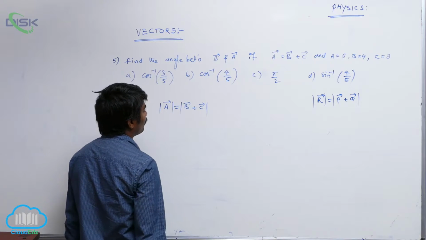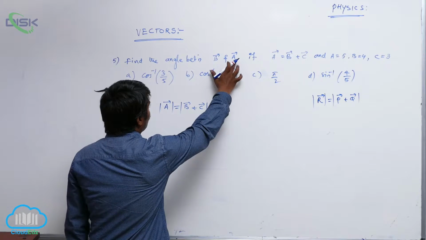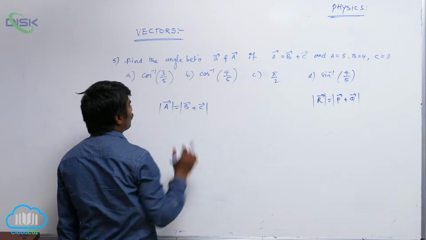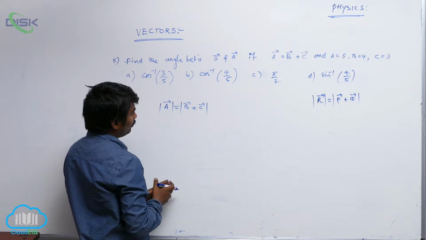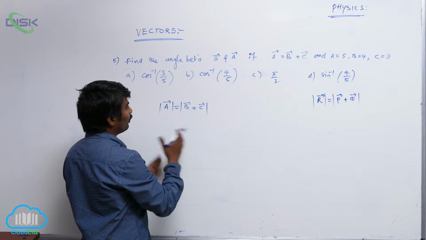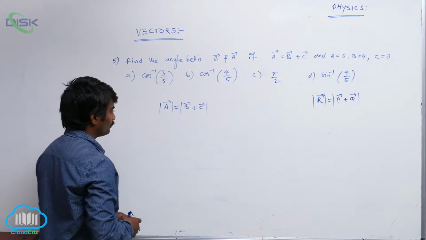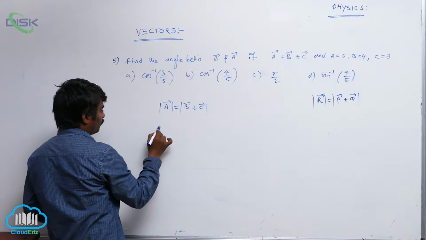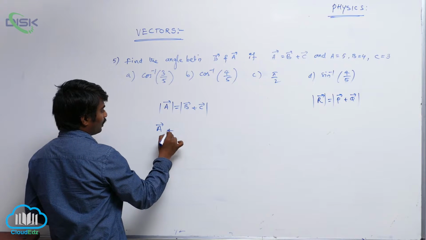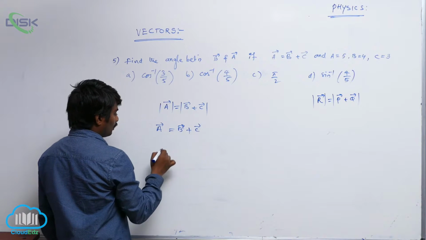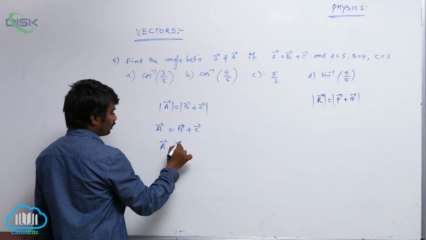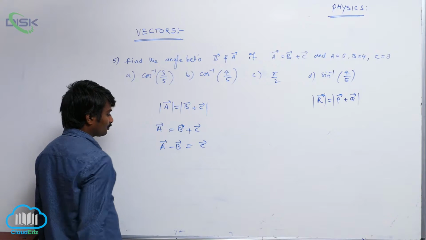But the question is, we have to calculate angle between A bar and B bar. That means we have to write the equation so that A bar and B bar must be on one side. That means from A bar is equal to B bar plus C bar equation, A bar minus B bar is equal to, we can write C bar.